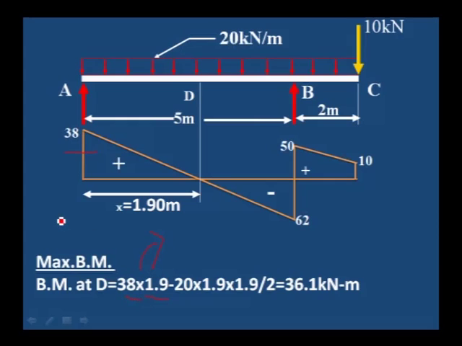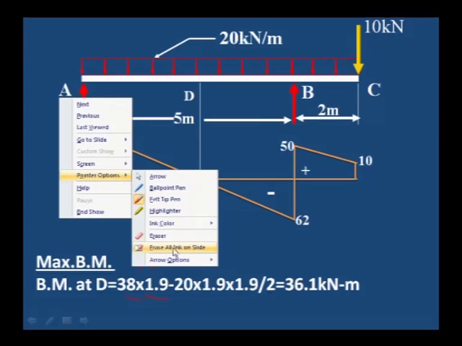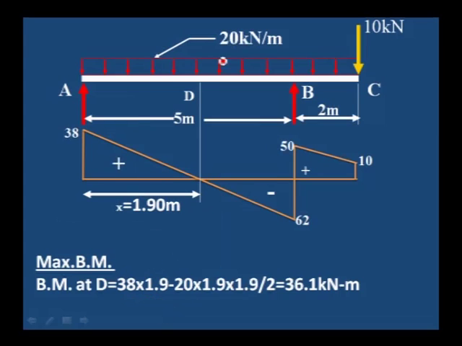Clockwise moment from the left side is considered positive, and then this load 20 kilonewton per meter is anti-clockwise, that is minus 20 into 1.9 into 1.9 by 2, which acts at the center of the UDL, that is 1.9 divided by 2. Therefore 36.1 kilonewton meter is the maximum bending moment at D.